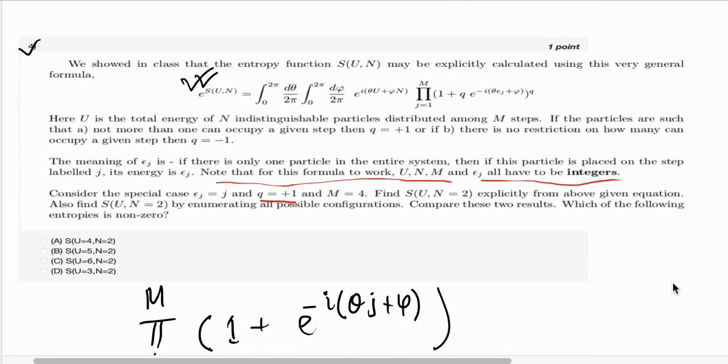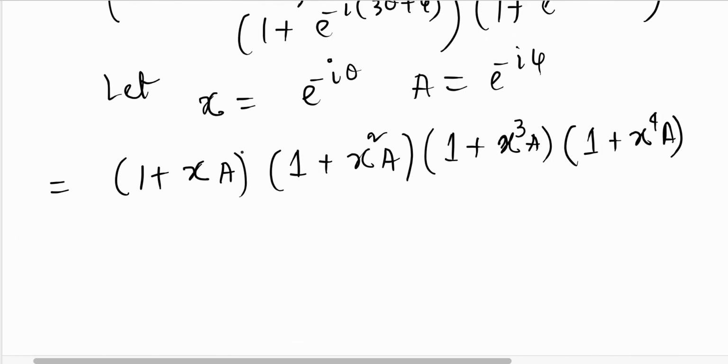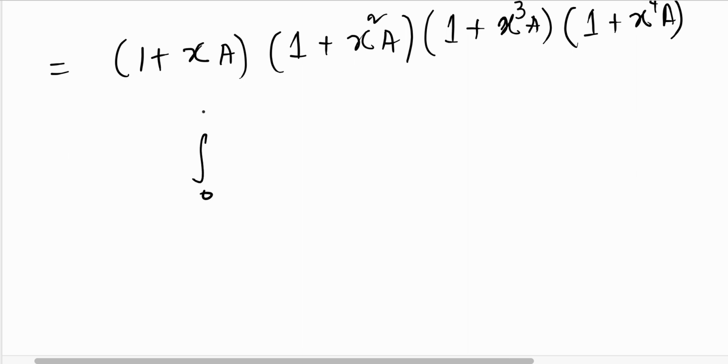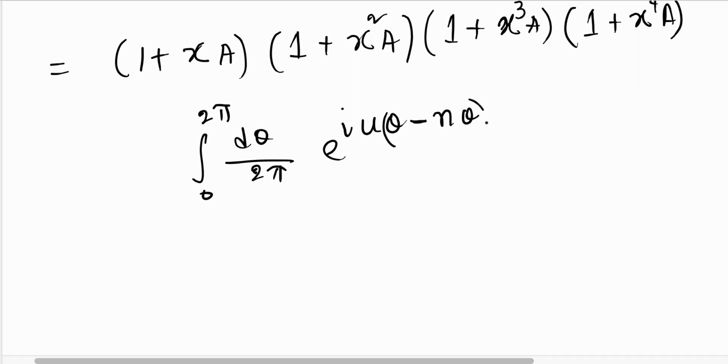So we'll prove that property first, then we'll go further. That is the integral from 0 to 2 pi of d theta by 2 pi, e to the power i u theta minus n theta.